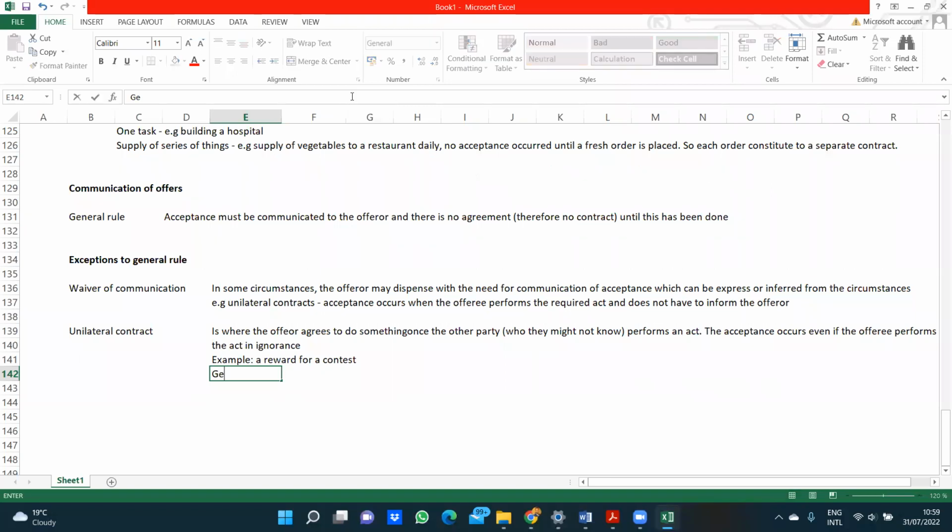General rule of an agreement is an offer can be revoked at any time before acceptance.